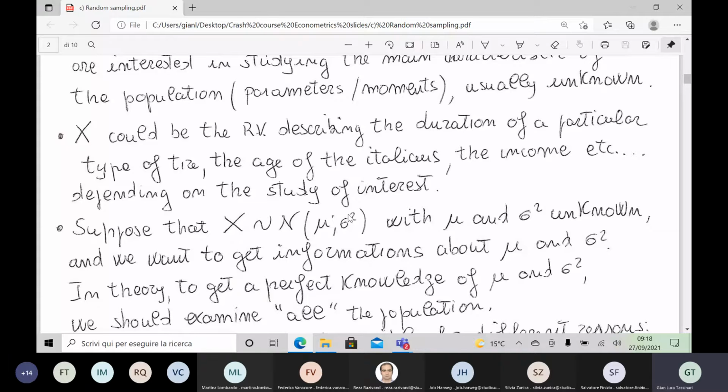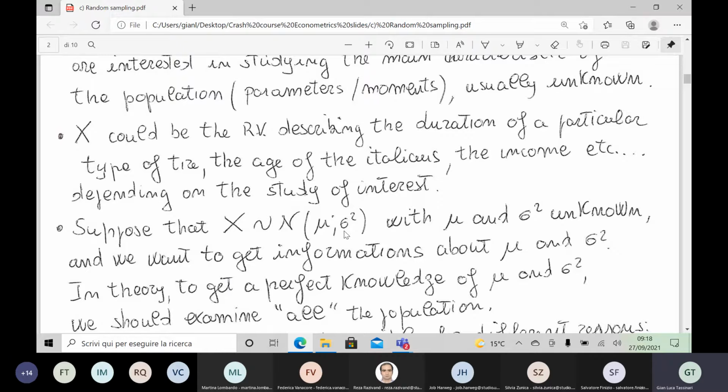But unless you study all the population, you cannot get a perfect knowledge of mu and sigma square. So when you perform a statistical study and X is the random variable describing your population, you are interested in getting information about the unknown parameters characterizing the distribution of the population.